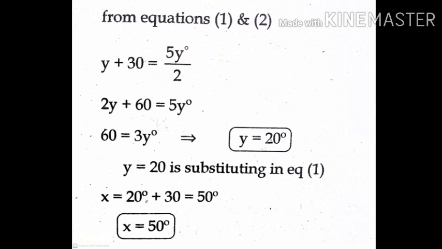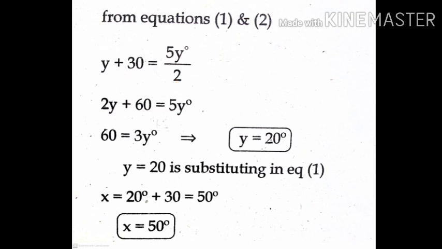From equations 1 and 2, x in the equation 1, that is 5y by 2 is equal to y plus 30. 2 sent to the left side of the equation, that is 2 into y, 2y plus 2 into 30 is 60, that is 5y degree.